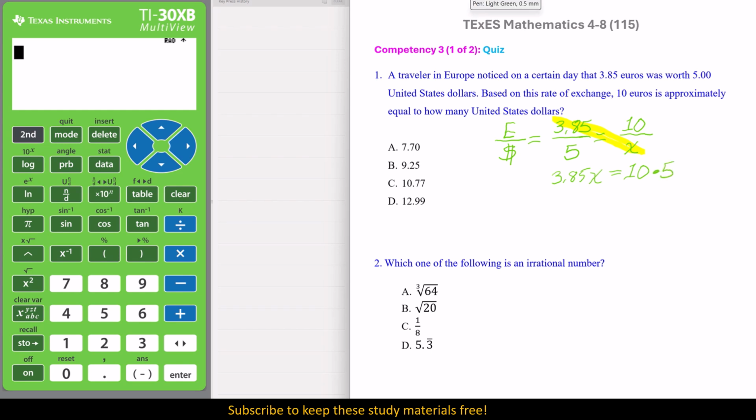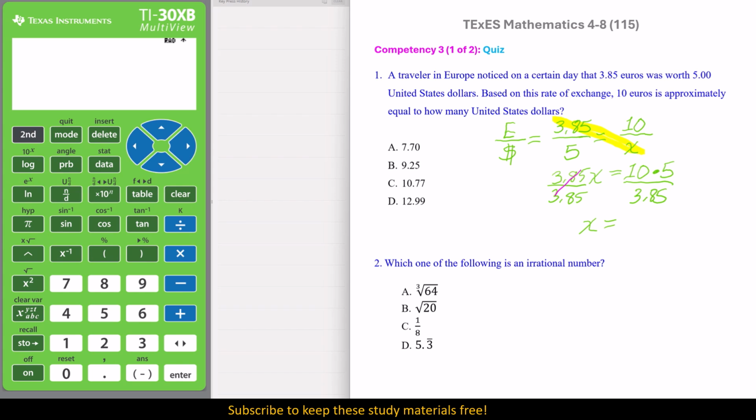Now, we have an algebraic situation, so divide by the coefficient on both sides. And that means we divide by 3.85 on both sides. And now we have something valid to put into our calculator.